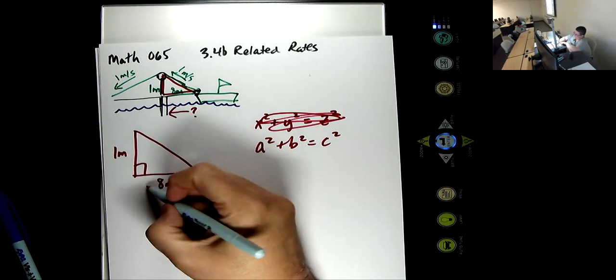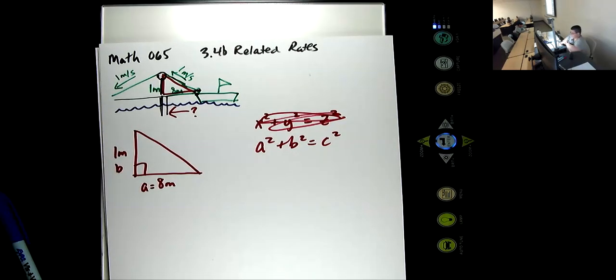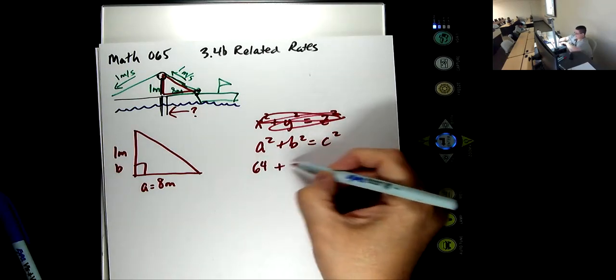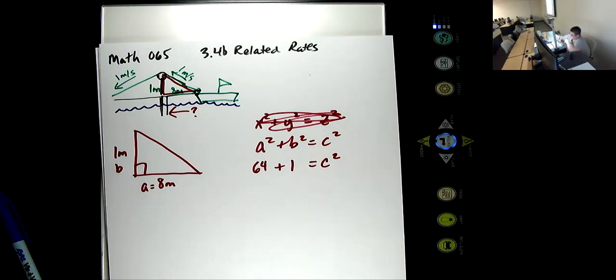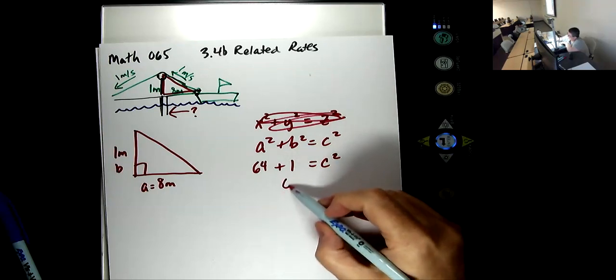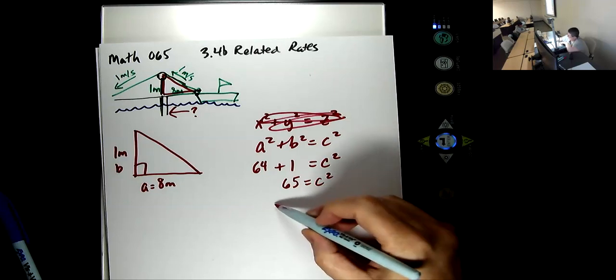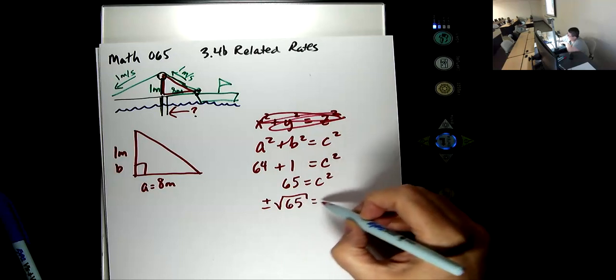So I'll call this A and we'll call this B. So 64, which is A squared, plus B squared, which is 1, is C squared. 65 equals C squared. So C equals plus or minus the square root of 65.